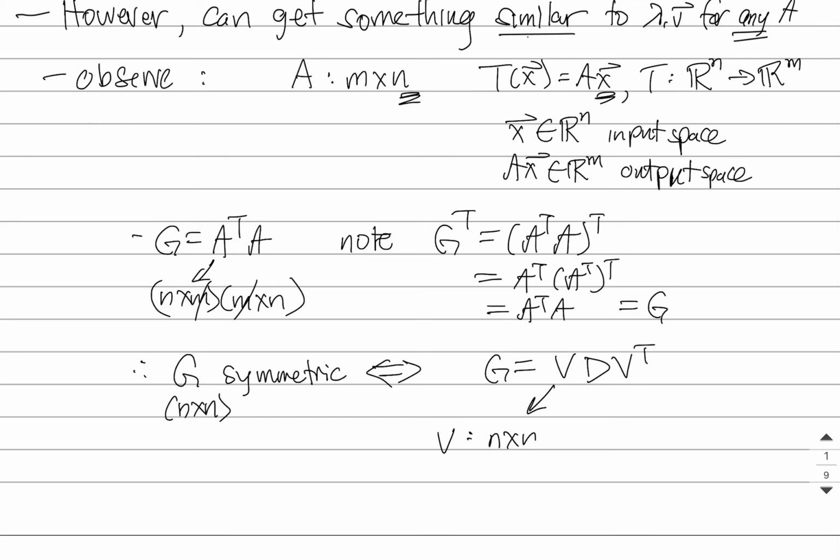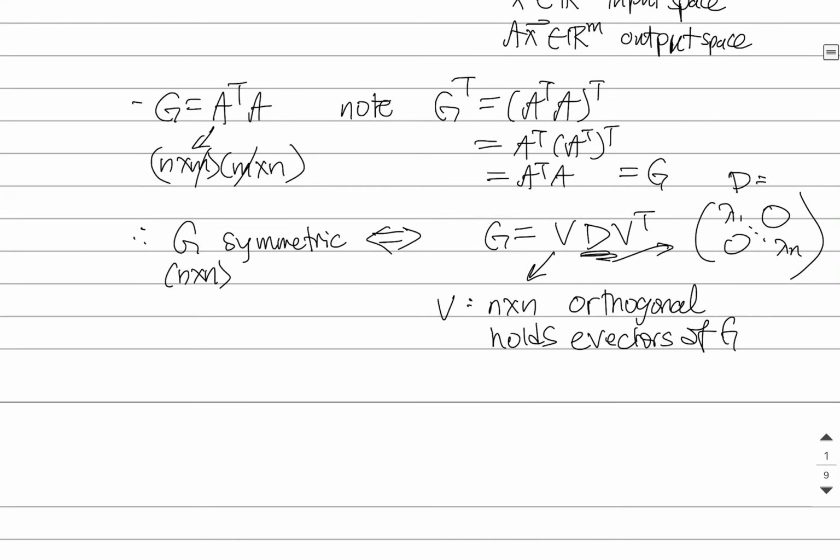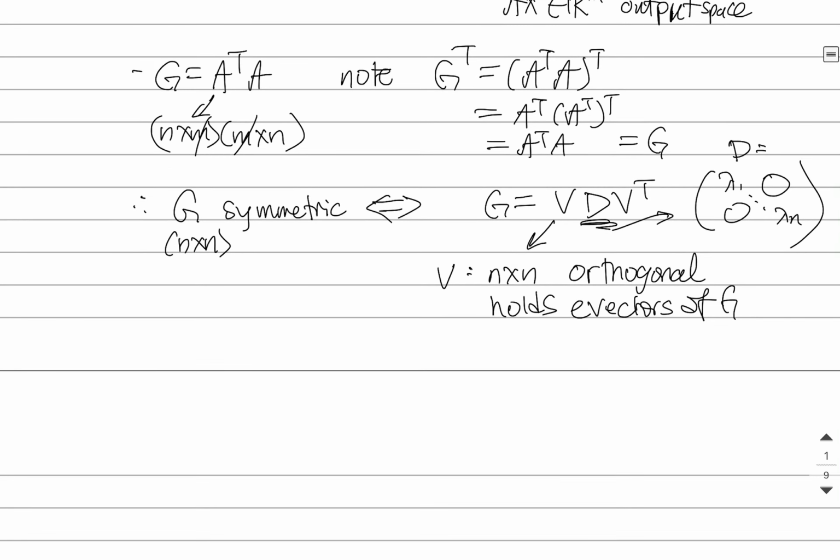V is an n by n orthogonal matrix that holds the eigenvectors of G, and D is a diagonal matrix that holds all of the eigenvalues down the main diagonal, corresponding to those eigenvectors. Now that's great. Nothing new, nothing surprising, but it's a way for us to connect any matrix to something that can be orthogonally diagonalized.